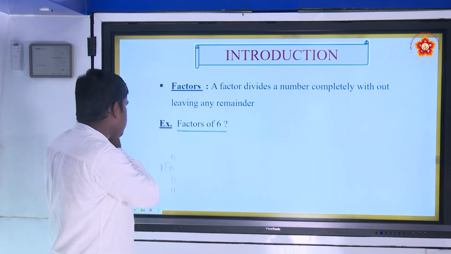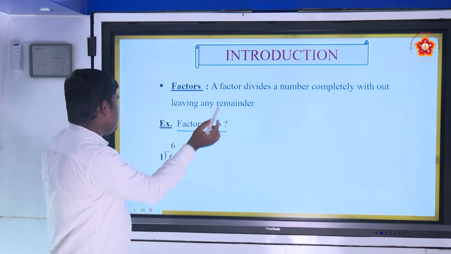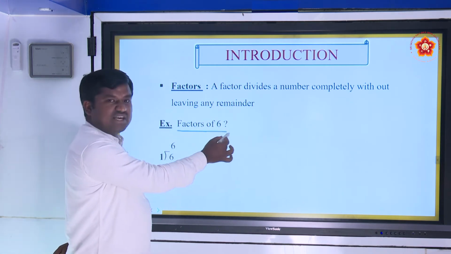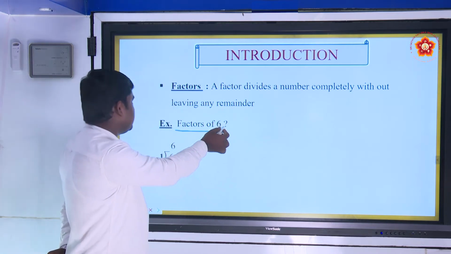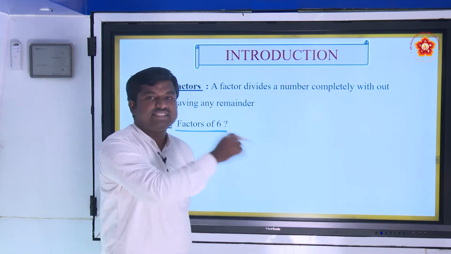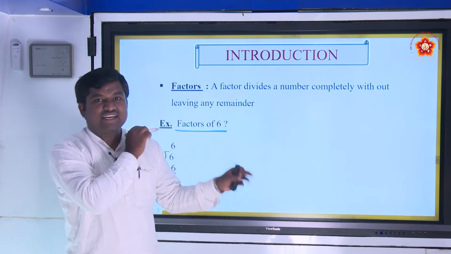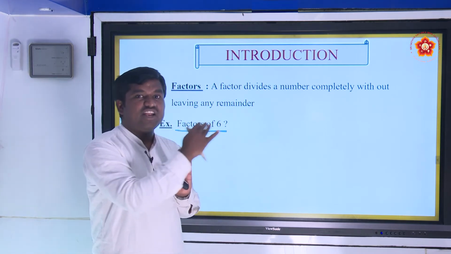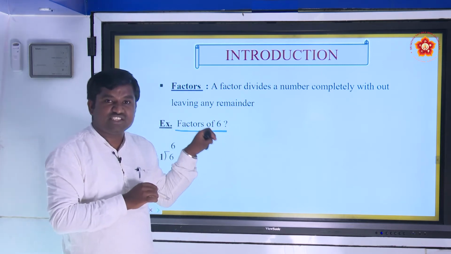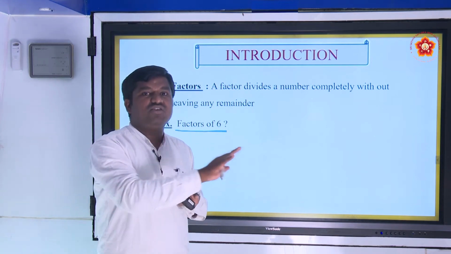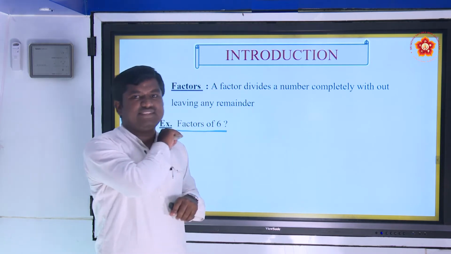To find out the factors of 6, we will divide 6 from 1 to 6. Factors are less than or equal to the given number. So the factors of 6 should be less than or equal to 6 only.